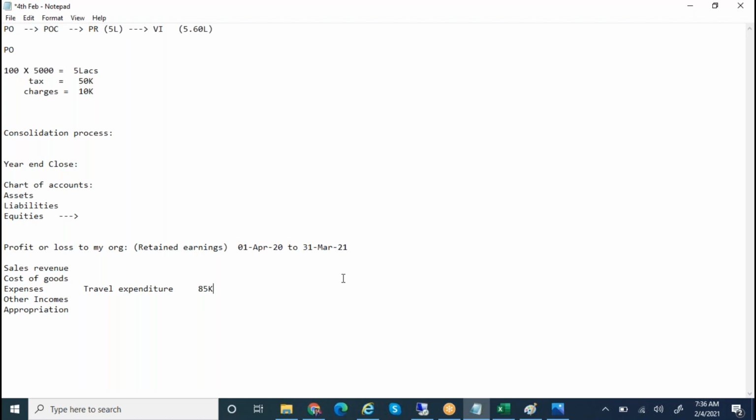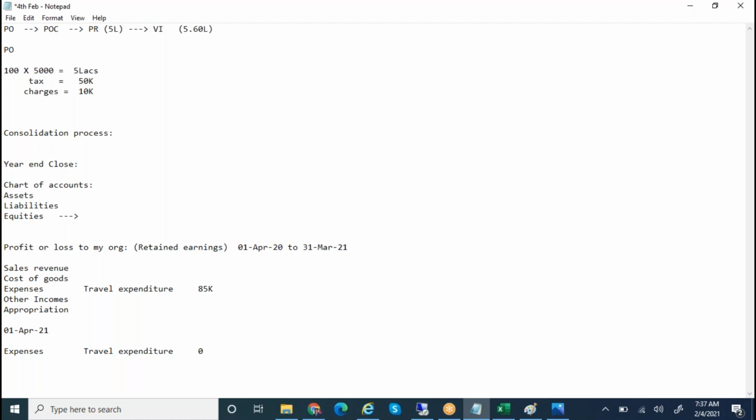Now next year, whenever a new financial year starts, this balance should not be transferred. Agree with me? The expenses are of last year. Now this travel expenditure for the next year should be zero.